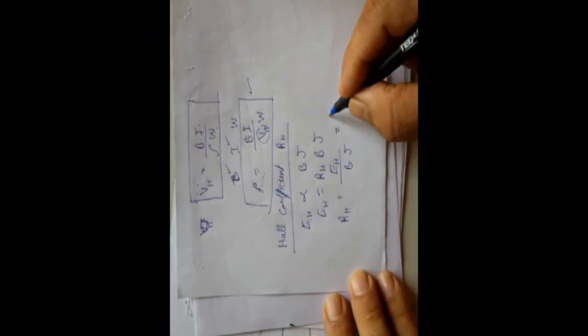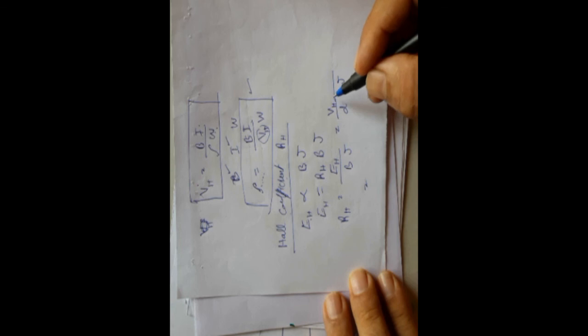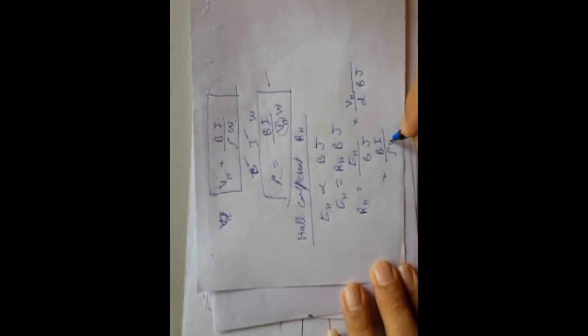But E_H is nothing but V_H divided by d, into B J. And V_H, in accordance with this equation, is equal to B I divided by rho W, and the remaining terms are 1 by d B J, where J is also I divided by W d.